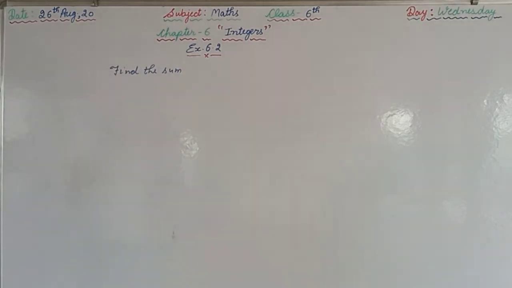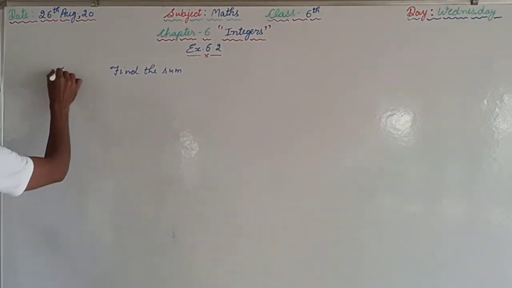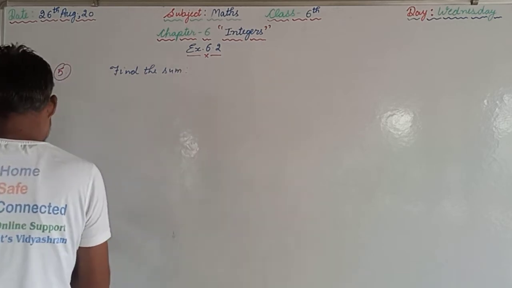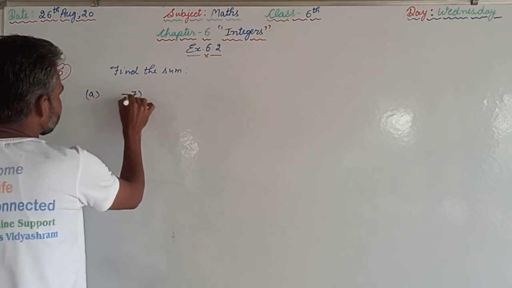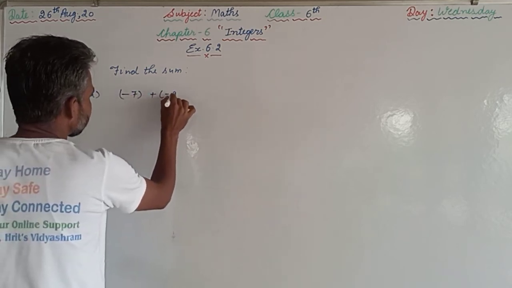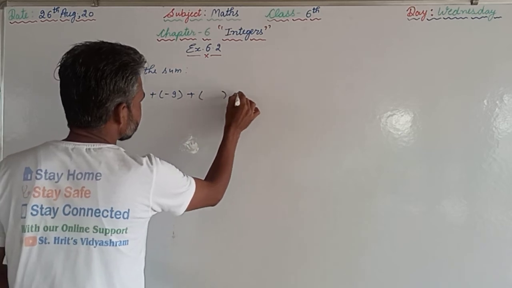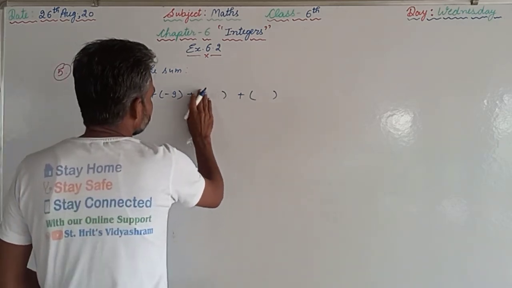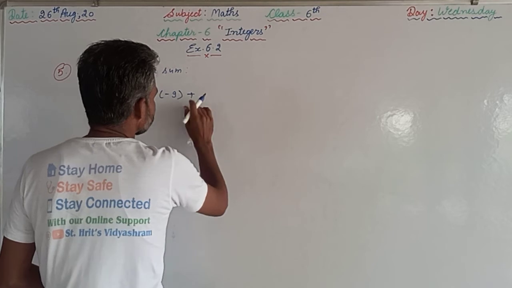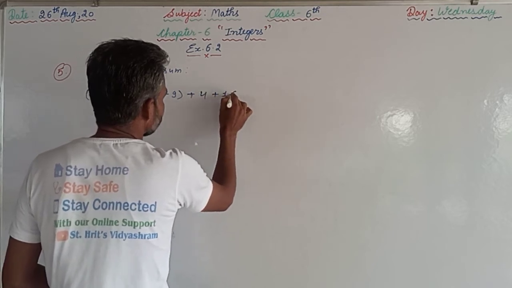Question number 5, and we will take first of all the A part, that is minus 7 plus minus 9, and then plus, two more brackets are there, 4 and 16. They have written directly plus 4 plus 16.